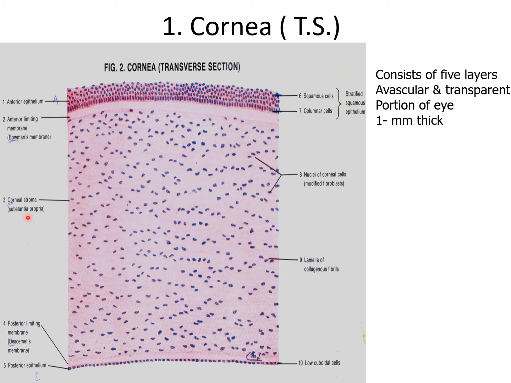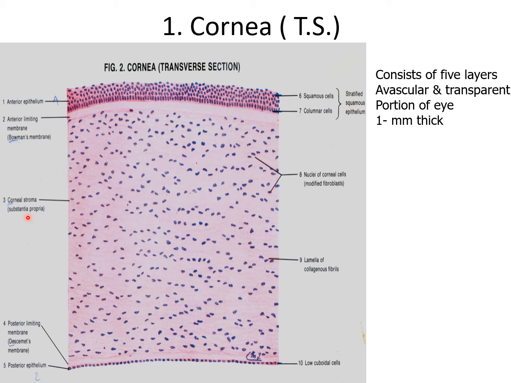They are arranged with great regularity and form lamellae. The fibers within one lamella are parallel to one another, but the fibers in adjoining lamellae run in different directions, forming an obtuse angle with each other. The transparency of the cornea is due to the regular arrangement of these fibers, and because the fibers and the ground substance have the same refractive index.